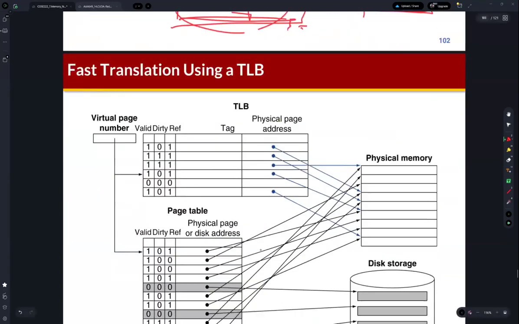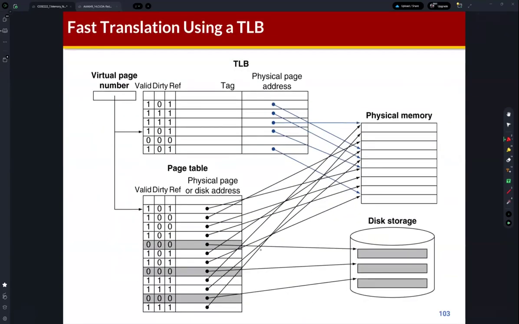The structure is more complex because of the TLB, but you can think of the TLB as a specialized cache for the page table. For a load word at address A, this is the virtual address, right?